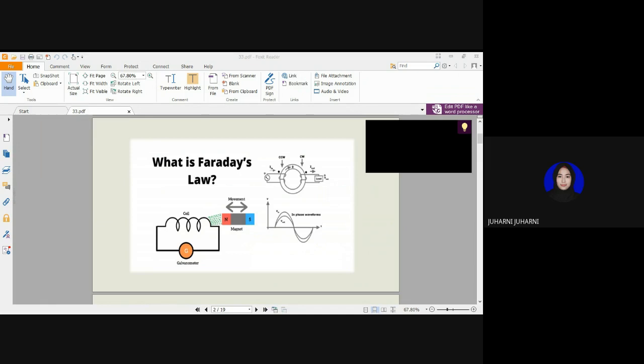In almost each and every electrical machine, either AC machines like induction motor, induction generator, synchronous motor, synchronous generator, or DC machines like DC motor, DC generator, or transformer, it follows Faraday's law of electromagnetic induction.